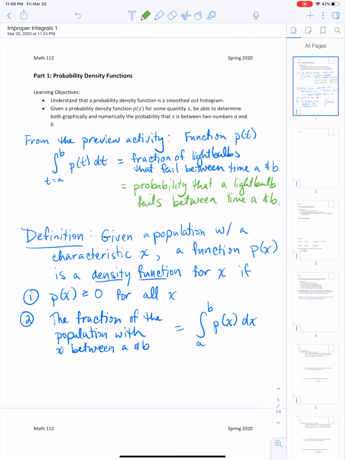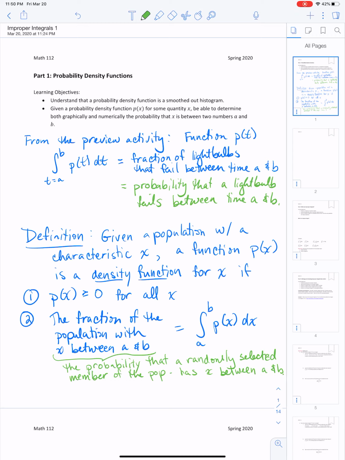Again, just as before, you can rephrase this as the probability that a randomly selected member has value of x between A and B.